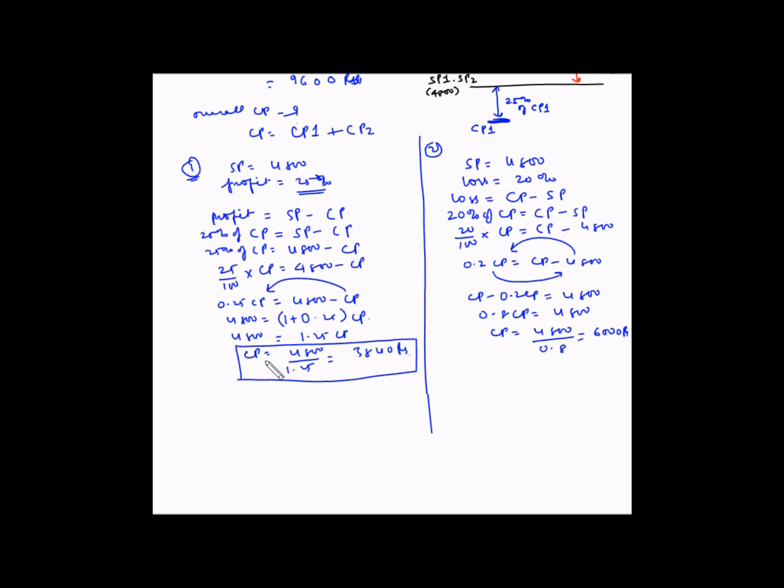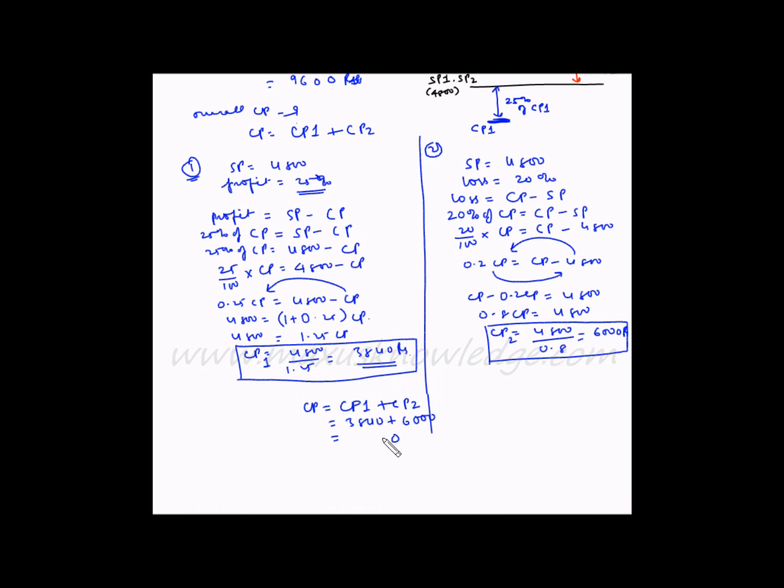So CP1 is 3840 and CP2 is 6000. So our overall CP is equal to CP1 plus CP2, which is equal to 3840 plus 6000.